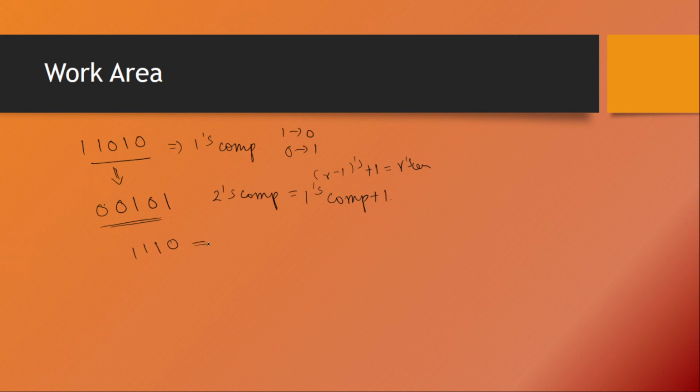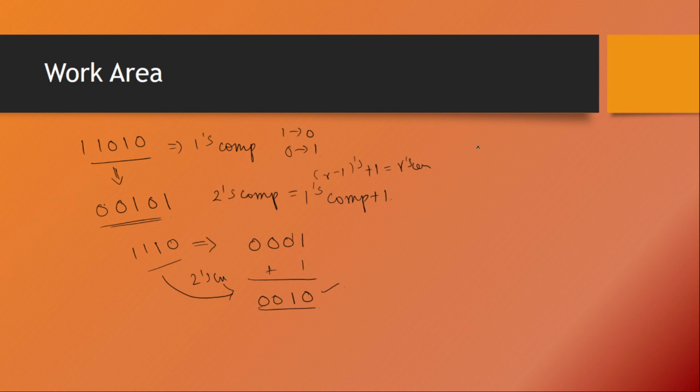So let's try to find 2's complement of this number. First try to find out the 1's complement, which is 0, 0, 0, 1 and add 1 along with it. You will get 1 plus 1 is 0 and I carry 1 forward. So this is binary system. So 2's complement of this number is 0, 0, 1, 0.